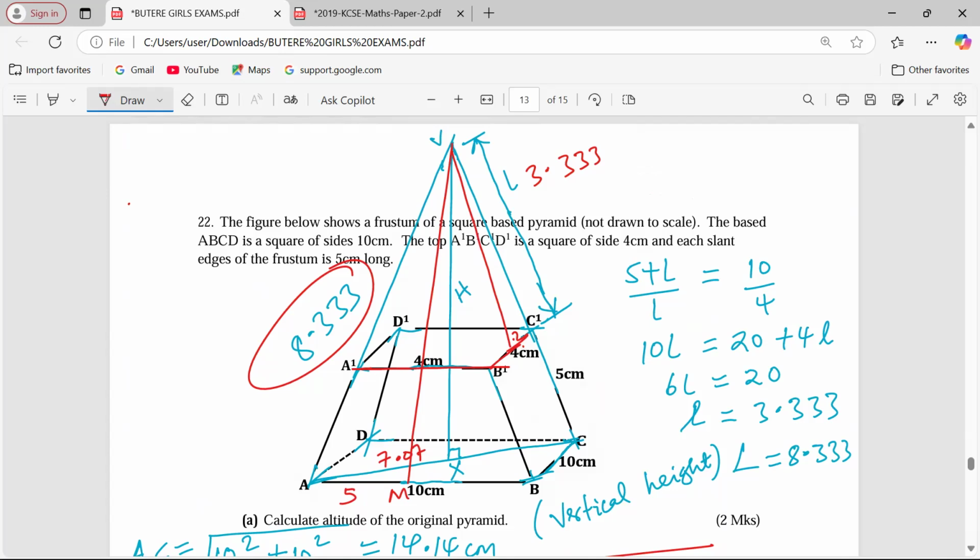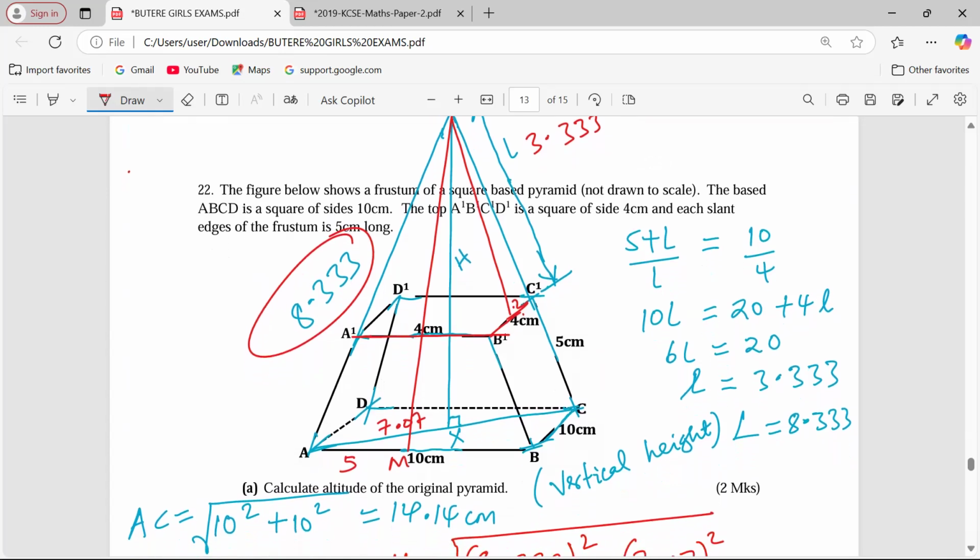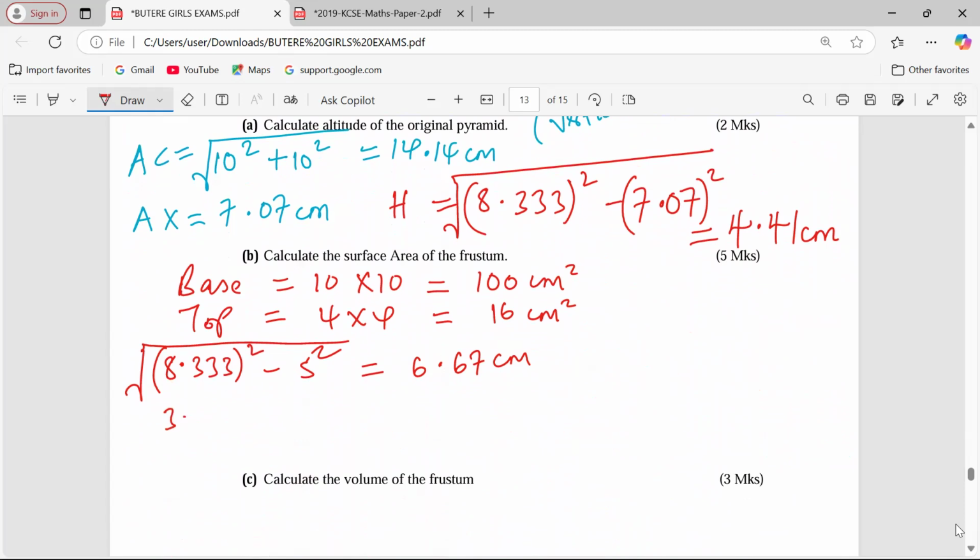So 3.33 squared minus 2 squared. We take the square root again. We can also use similarities and enlargement to get the other length. Then the square root, we are getting 2.67 centimeters. Now we have two options here.